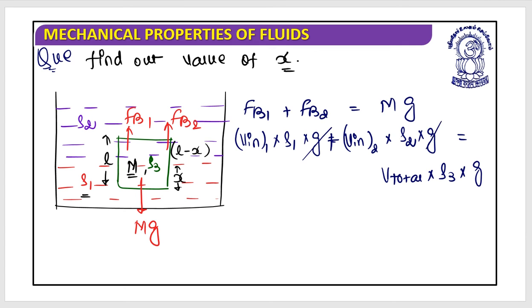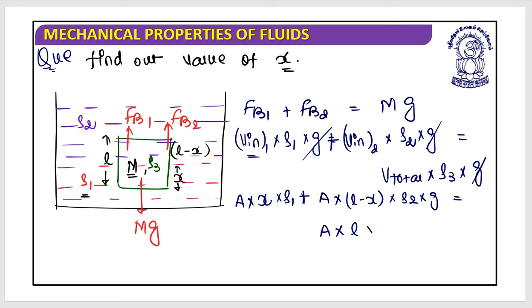From this, g and g are gone. Now V in 1 can be written as area into length, or I should say area into height. So it's cross-sectional area A multiplied by x into density of liquid 1, plus cross-sectional area A multiplied by L minus x into density 2, into g, that is equal to A into L into density 3 into g.